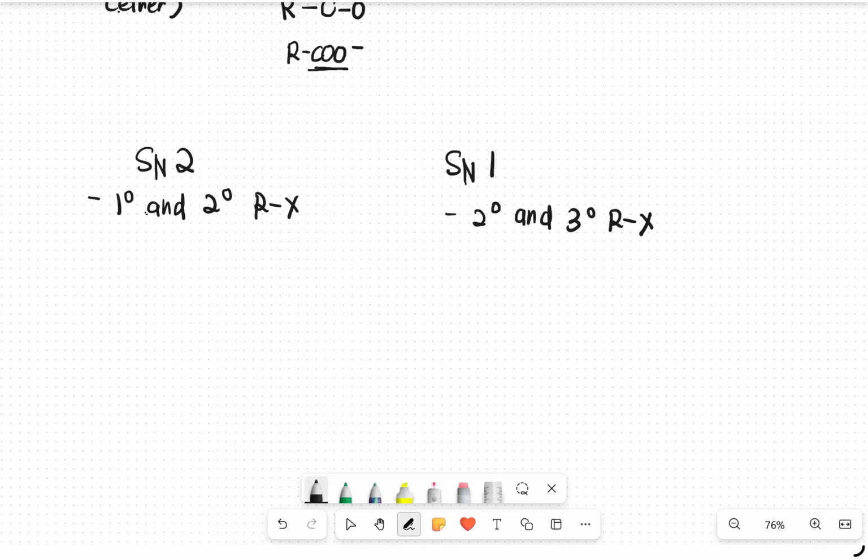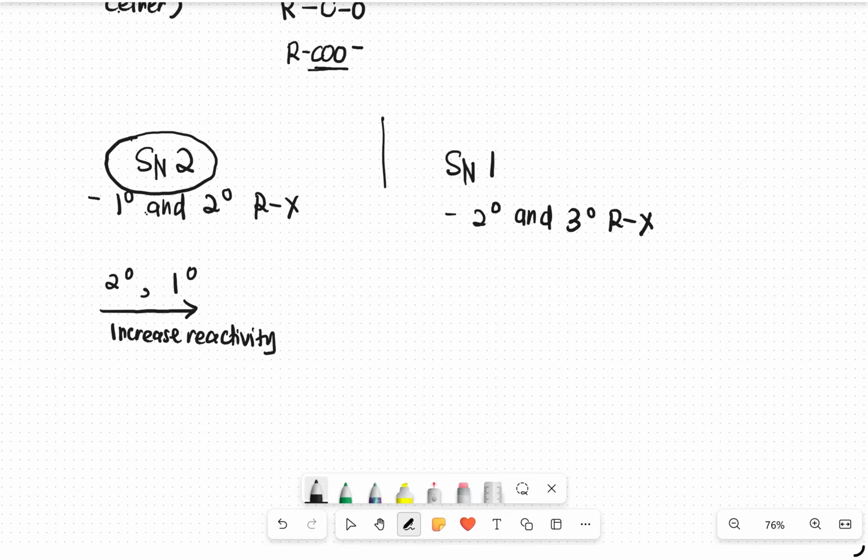For the reactivity, which one is more reactive for the SN2 reaction? It is 2, 1. If you cannot draw it like this, you can always use a comma. So you just put increasing reactivity for SN2 reactions.